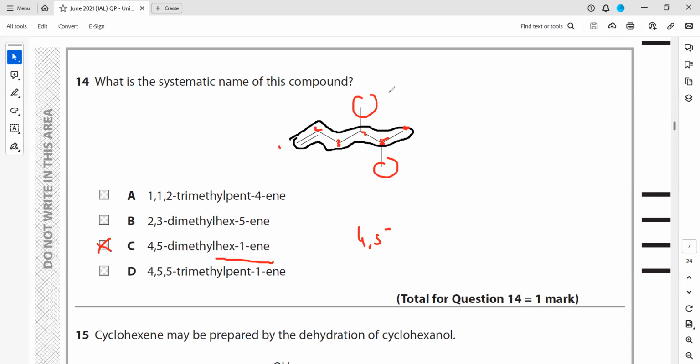If there was no double bond, what would be our priority? In that case, we give priority to the branch. For example, if this was a question and they ask you to name this compound, what we do is select the longest chain. The longest chain is always the rule. We always select the longest carbon chain, and then this time we start numbering from here. Why do we start numbering from this side? Because here we have the branch on 2 and then 3. If I start numbering from the left-hand side, I get the first branch at 4.